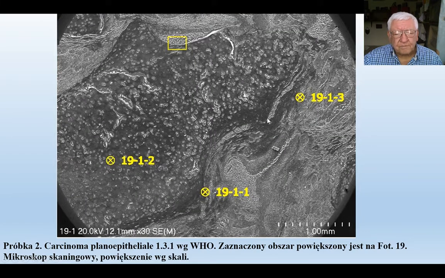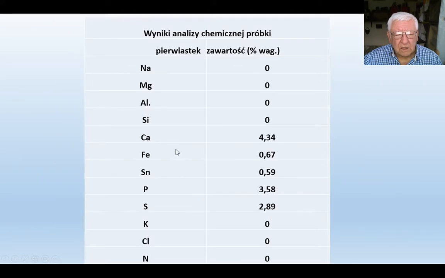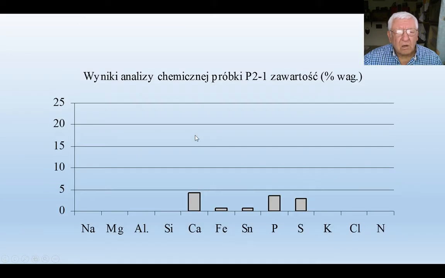And there are pictures of the tumor taken under the scanning microscope. This is the scale, 1 millimeter, and these points show places of chemical analysis. And what we have: calcium, iron, and again phosphorus and sulfur, and a drawing of concentration.